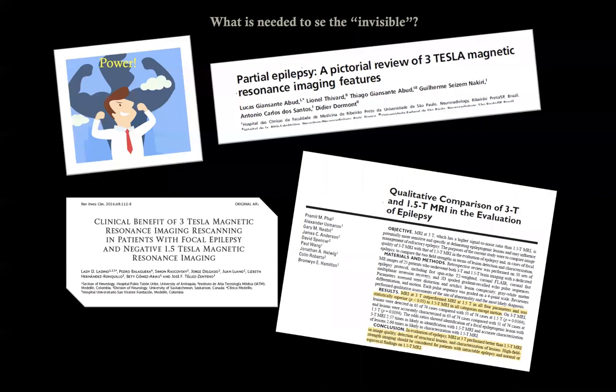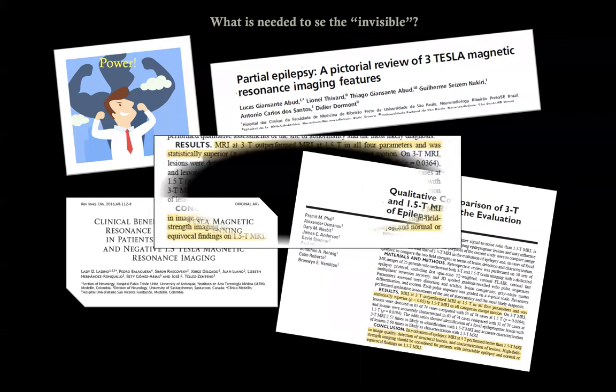So although ideally you will need a 3 Tesla, there is a lot you can do in terms of artificial intelligence and post-processing in order to increase your power even with a low field scan.